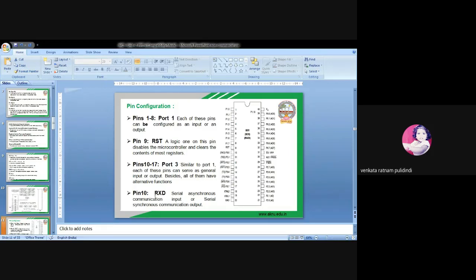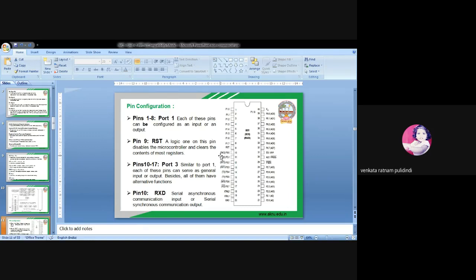And here pin 10 to pin 17 is port 3. Port 3 is used for IO lines as well as some other purposes. Pin number 10 is RxD, which receives signals from serial communication devices.